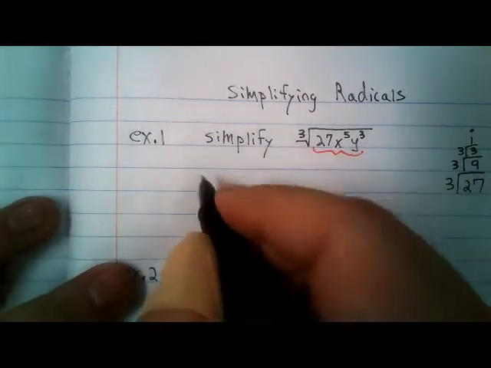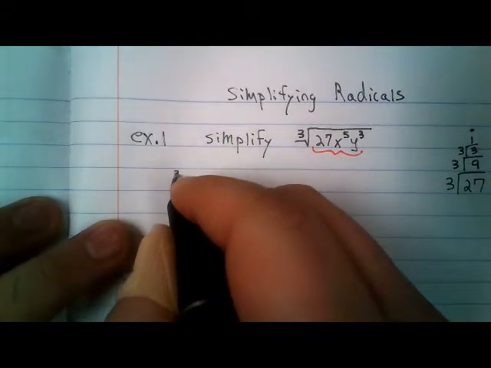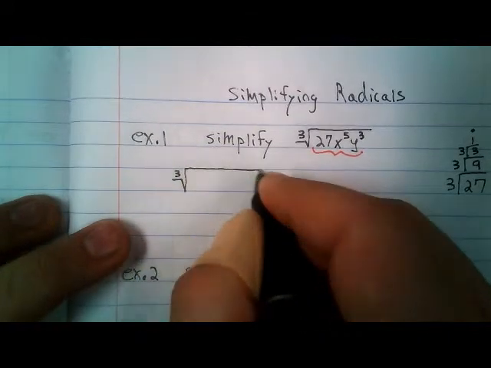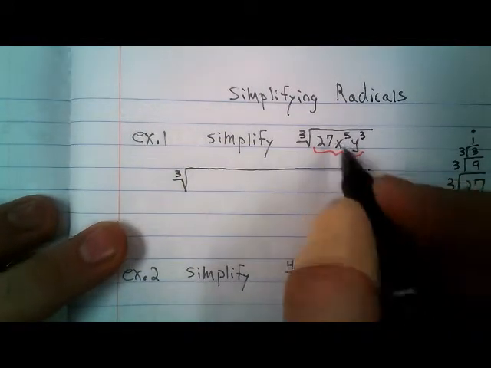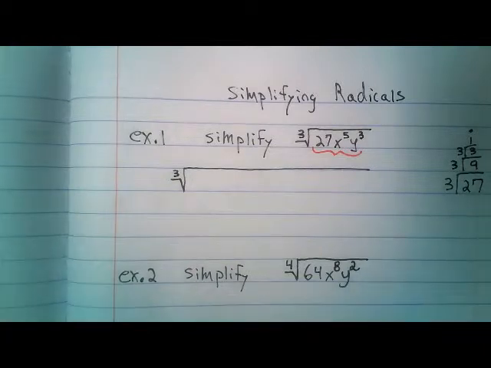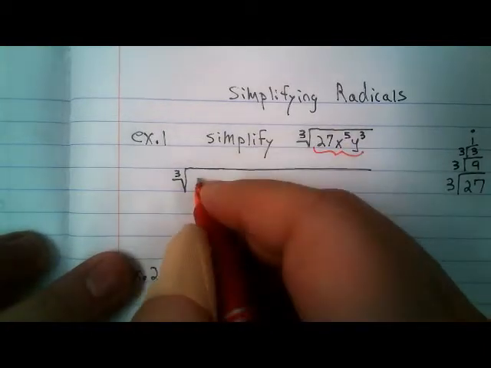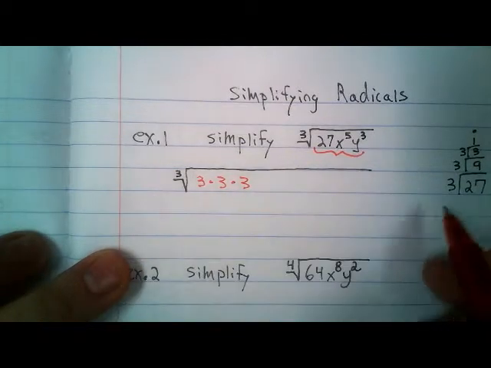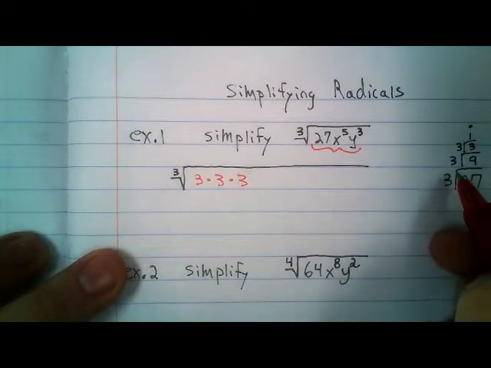I'm going to have the cube root symbol, my index, and then the radical symbol here. But this whole prime factorization, this is 3 times 3 times 3, which I found from there.